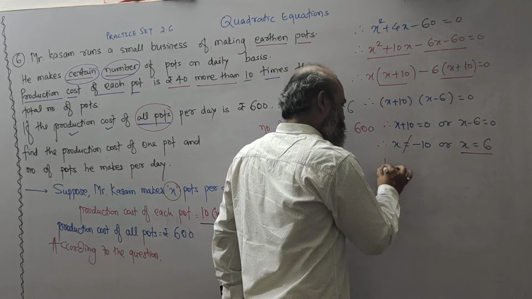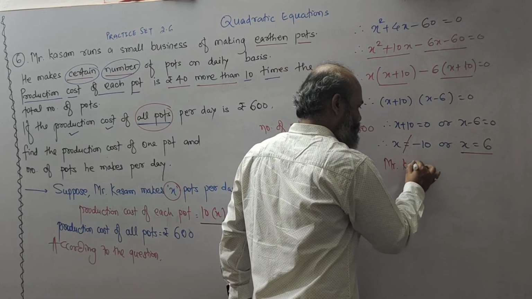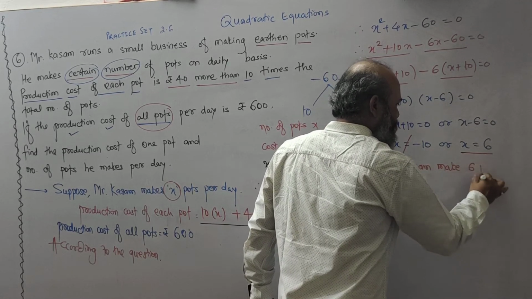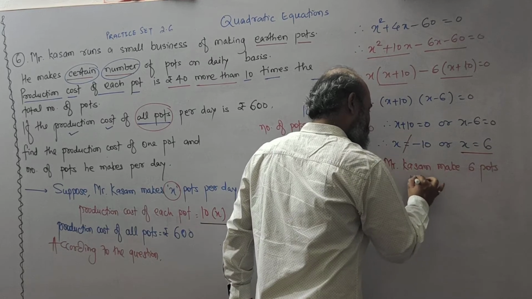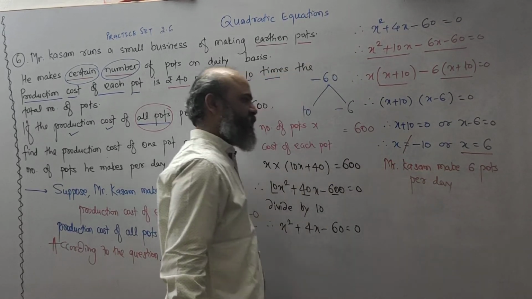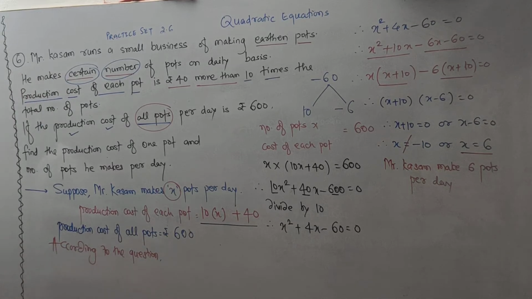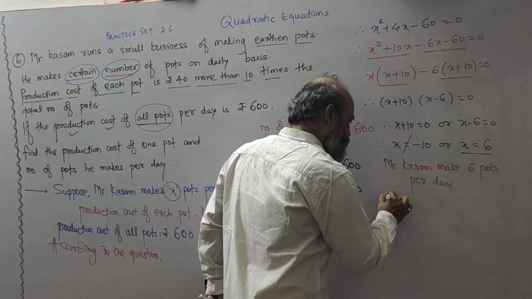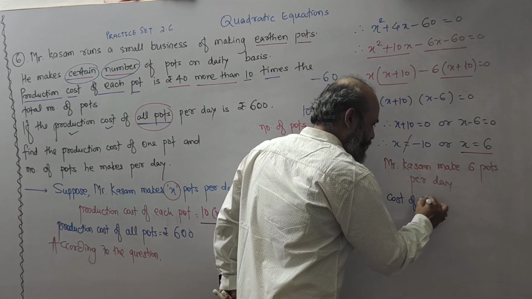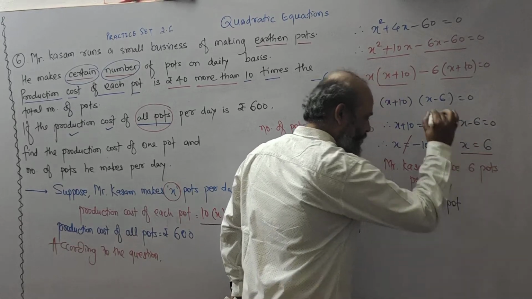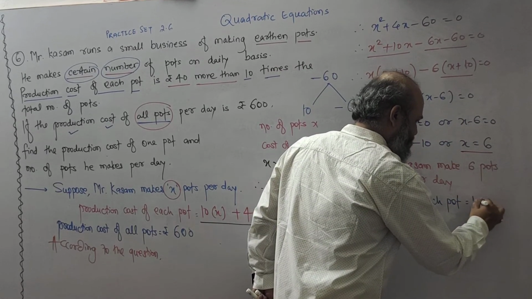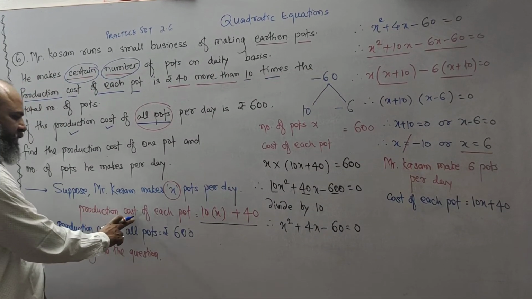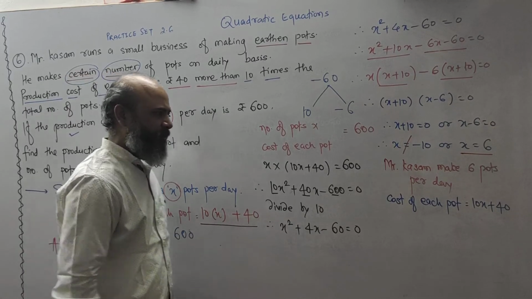So Mr. Qasim makes 6 pots per day, and the production cost of each pot is 10x plus 40.